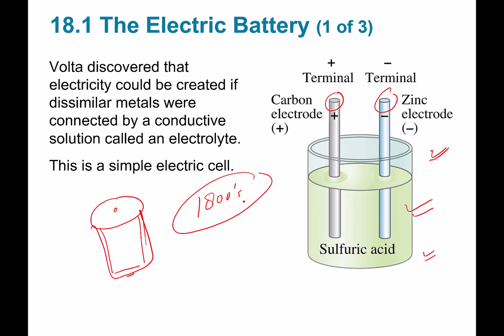In a cell whose terminals are not connected, only a small amount of zinc is dissolved. But if you connect the terminals, the reaction is increased. As the zinc electrode becomes increasingly negative, any new positive zinc ions produced are attracted back to the electrode.